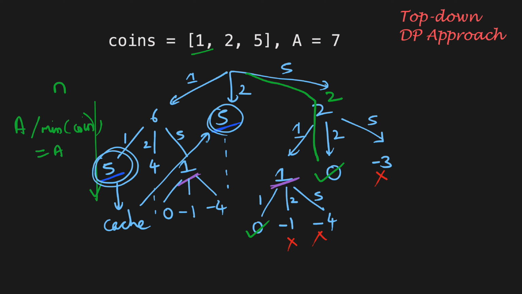This reduces the time complexity to O(a times n), because now for each amount, this problem will be solved at most once by iterating over all the n coins to compute the minimum number of coins. However, the space complexity remains O(a) because of the recursive call depth and this memoization table, where we store the results for all the amounts from 0 to a.